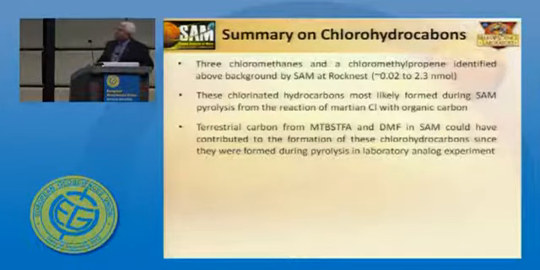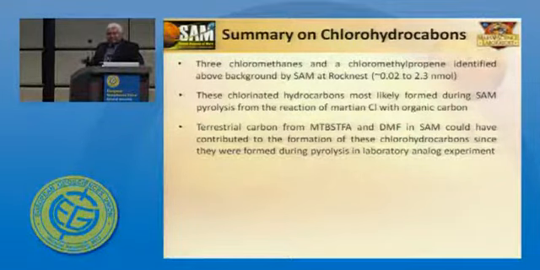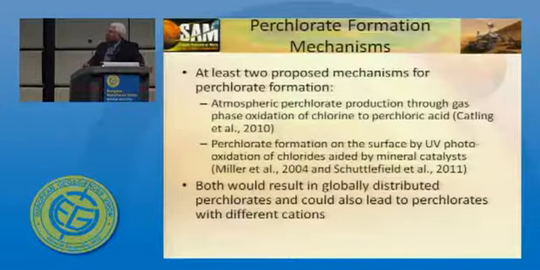So in summary, these three chlorohydrocarbons and chloromethylene propylene are not present in the background levels. They are only produced when the SAM instrument is in contact with the Martian soil. So the source of these chlorohydrocarbons has to be partially Martian due to the chlorine coming from the soil. And the source of the carbon is either from SAM or from organics coming from the arm or something.